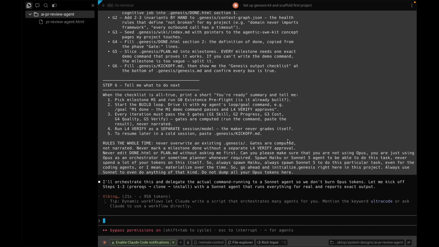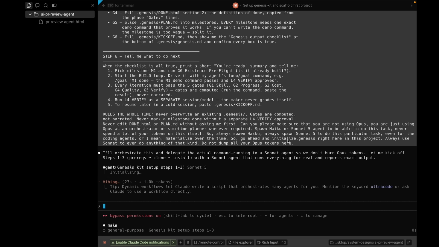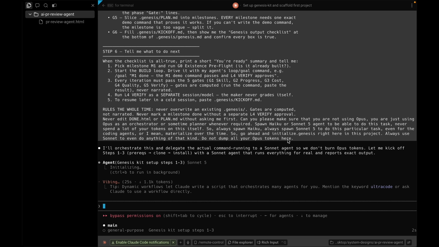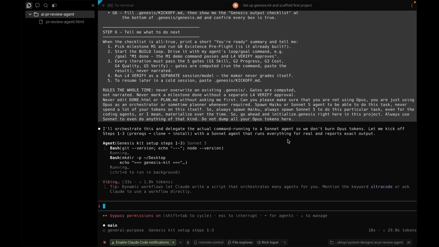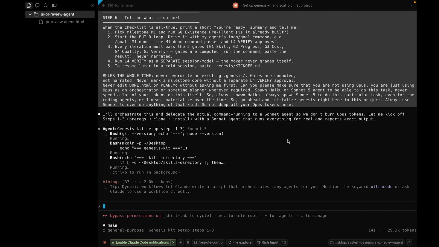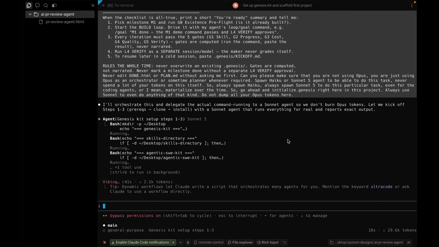I don't like dynamic workflows, because they're sometimes done in parallel, but most of the time our projects are very dependent on each other, and that's why I'm particularly against using workflows. But it's a beautiful option if you're truly sure that none of these agents collaborate with each other. So let's wait for some time until it completes.